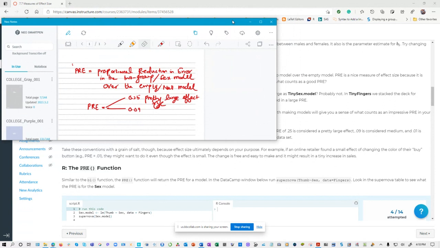If it is 0.09, we can say it is a medium effect size.